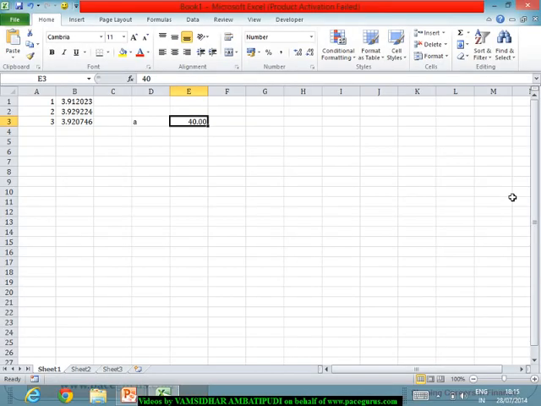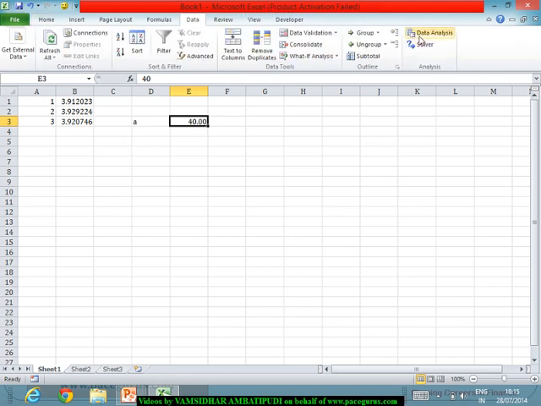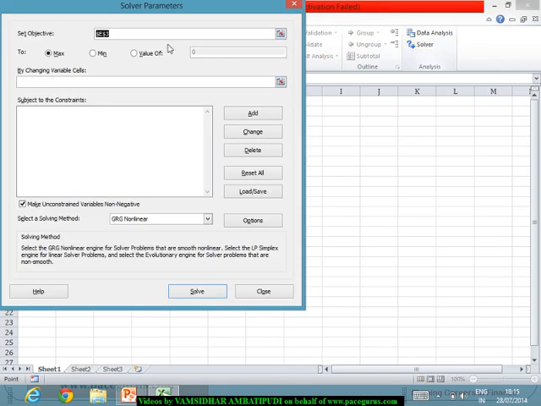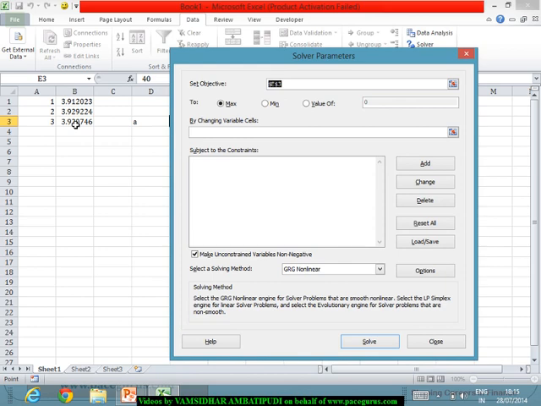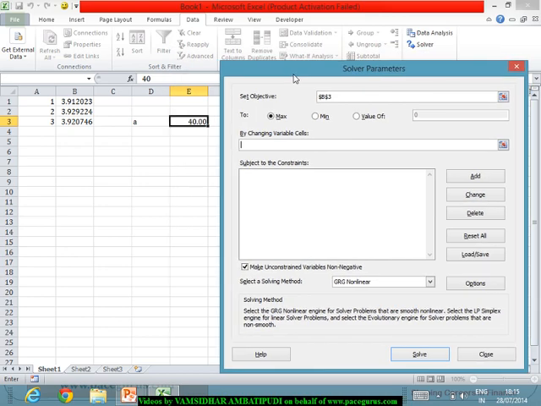I'll take the help of this spreadsheet to compute the value of a. I'll try to maximize this particular value by changing this. So I'll take the help of a feature called solver, where I will set the equation as maximize this by changing this particular value. That's it.